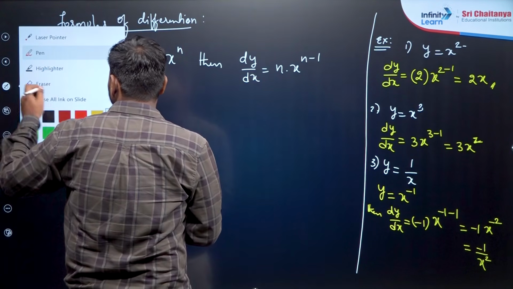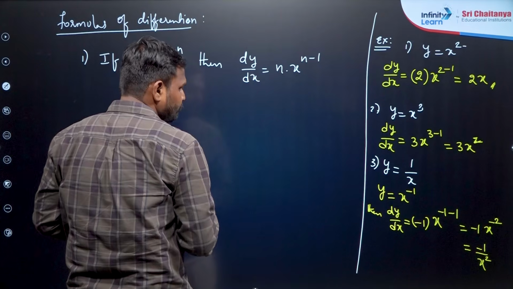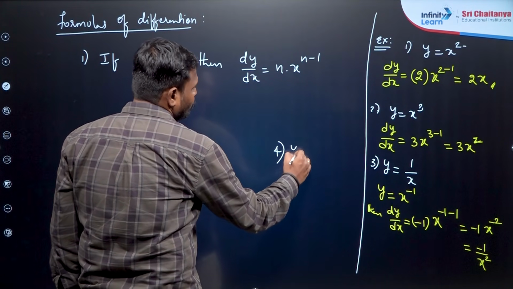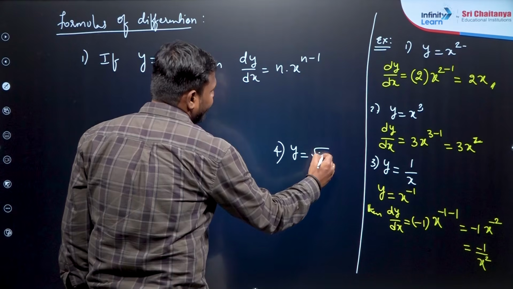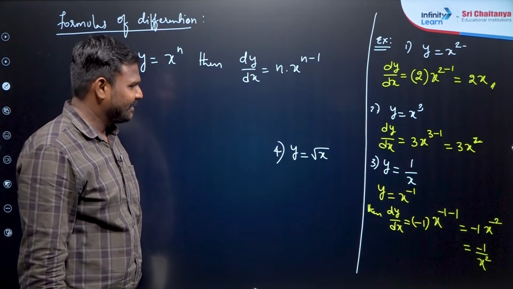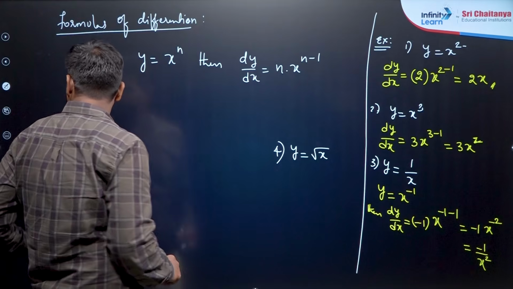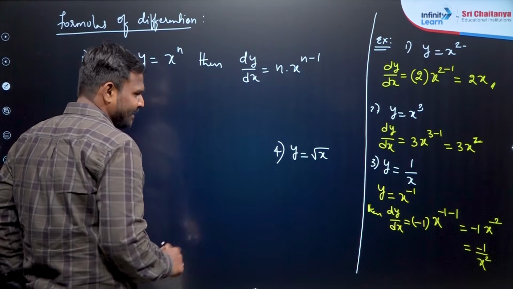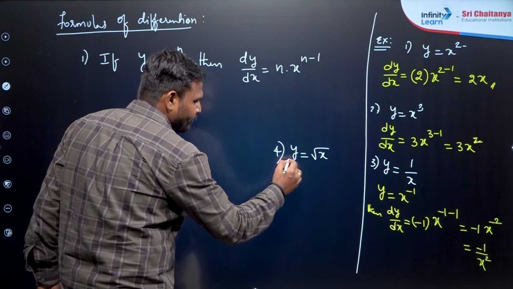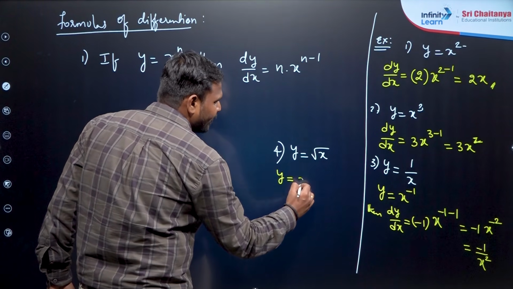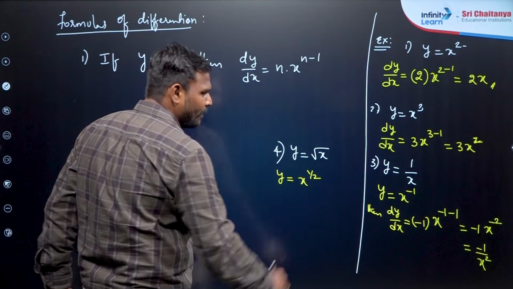Similarly, I can also give you one more example. Let us say y is equal to root x. You want to try? Pause the video and you can try. Let me continue. So y is equal to, root can be written as power 1 by 2.